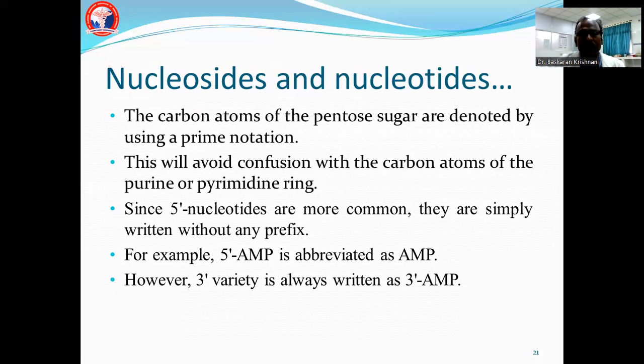Usually we drop the notation in the case of 5 prime because it's the most common, whereas 3 prime is always indicated. So 3 prime AMP means the phosphate is on the third position. This is to avoid any confusion between ribose and nitrogen bases.